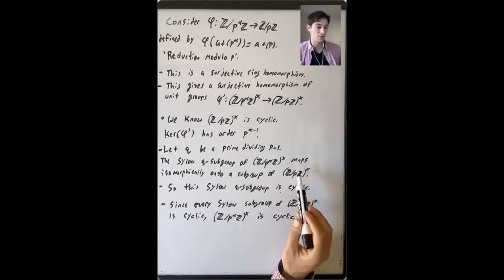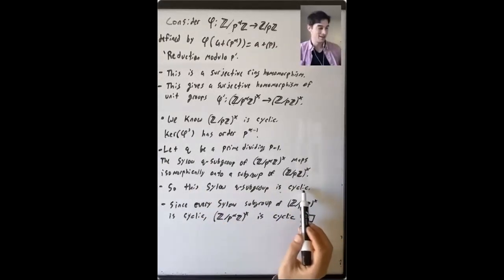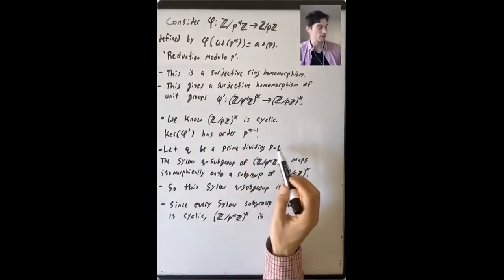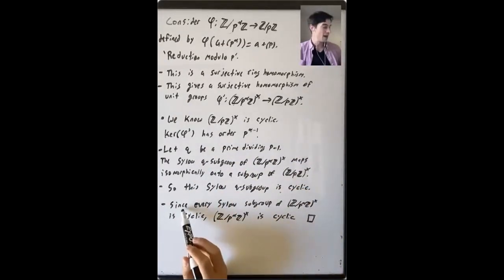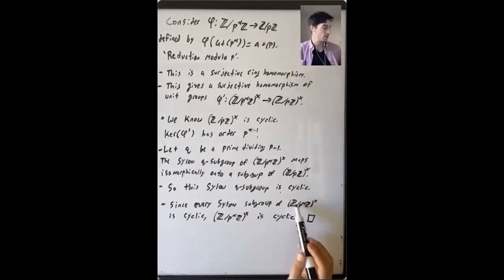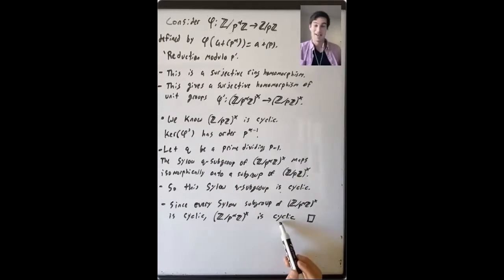So there is no subgroup isomorphic to Z mod qZ cross Z mod qZ. So the Sylow q subgroup is cyclic. That's true for every prime q dividing p minus 1. We've already seen that the Sylow p subgroup is cyclic. And now we know that every Sylow subgroup of (Z mod p to the alpha Z)star is cyclic. So this group is cyclic.